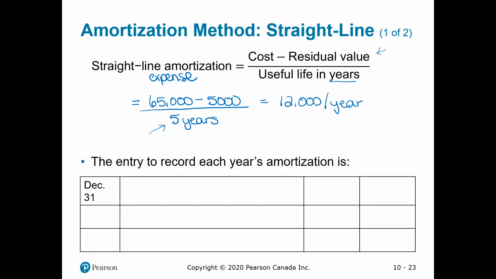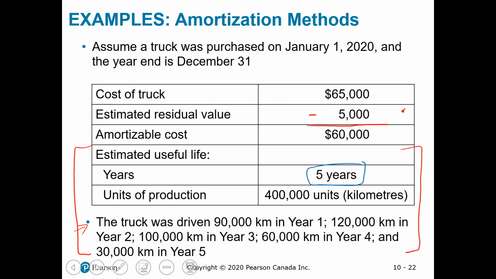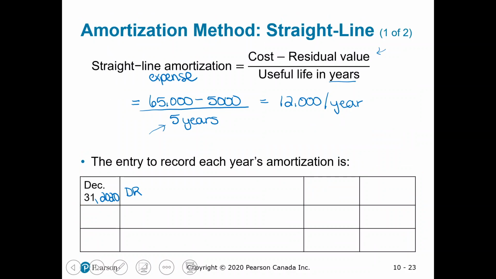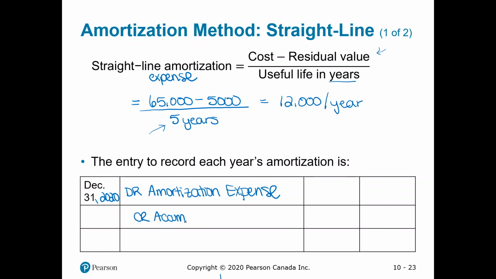Okay, so here, if we want to record, so this is 2020. On December 31st, 2020, we get to the end of this first year, we need to record the expense. So we're going to debit amortization expense and remember that we credit accumulated amortization for the truck.